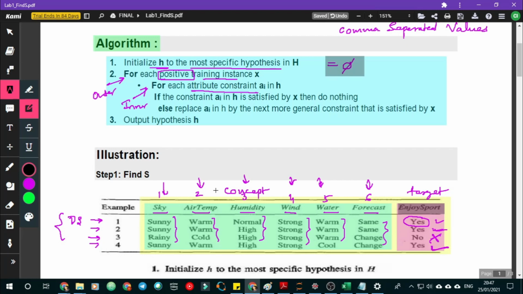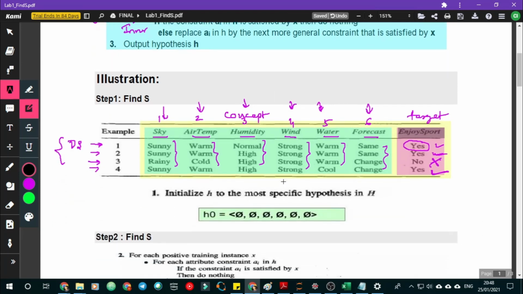But after reading the first data sample, the second, third, and fourth data sample, the hypothesis keeps on changing. So how does the hypothesis keep on changing, and how do we make the hypothesis specific? The algorithm is for each positive example.